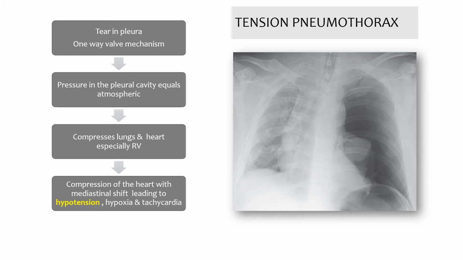Because of these changes, the heart and the pulmonary vessels getting compressed, and because of the positive pressure in the pleural cavity due to the tension pneumothorax, the venous return decreases and the cardiac output decreases, leading to hypotension, which is further worsened by the hypoxia that these patients develop. So this is the physiology of tension pneumothorax.